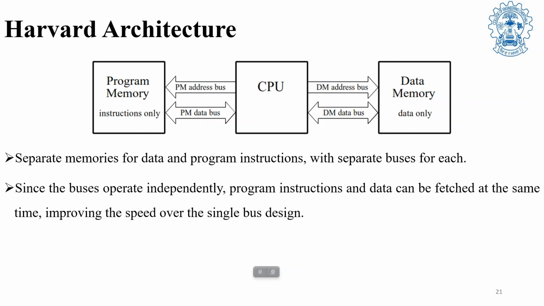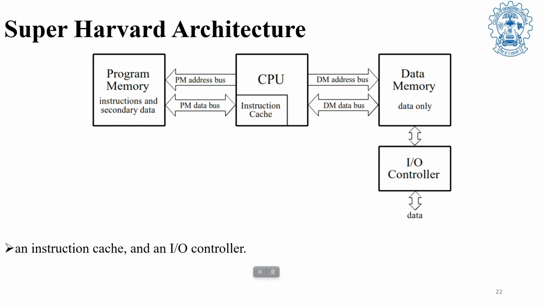To improve such a situation, the subsequent stage within the architecture, with a notable superpower structure, has been implemented. So there is an improvement from the Harvard architecture to the Super Harvard architecture.